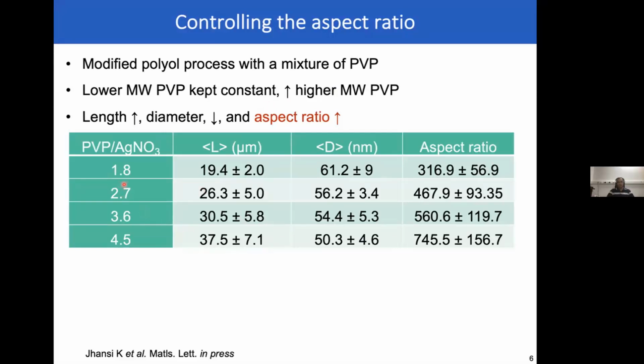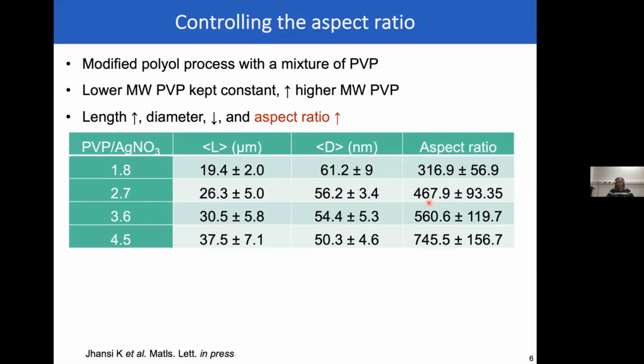From this table, you can see that as the ratio of PVP to the precursor, the silver nitrate, is increasing, we are increasing the length of the wire. You're going from nearly 19 to 37, so jumping up by twice. At the same time, the diameter decreases, not much, but it does decrease slightly, and correspondingly the aspect ratio also increases.